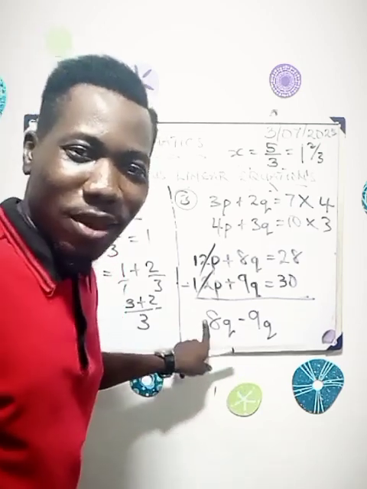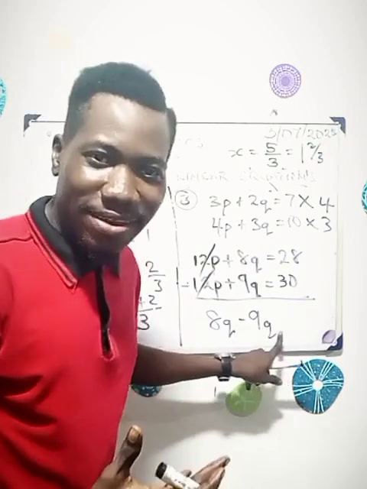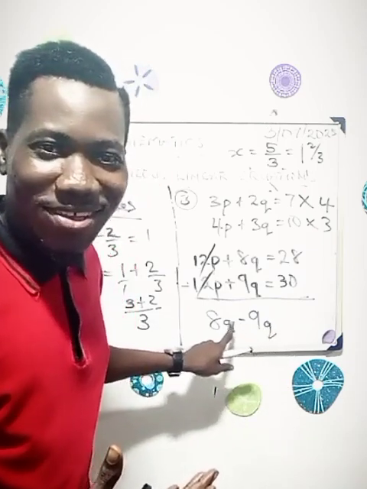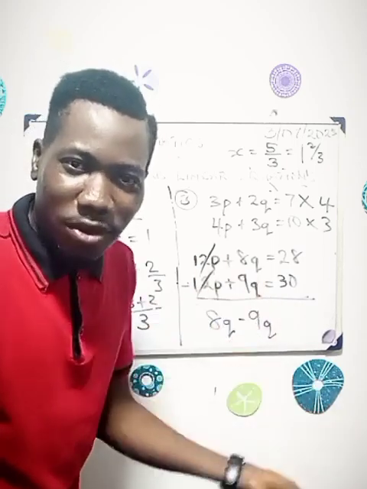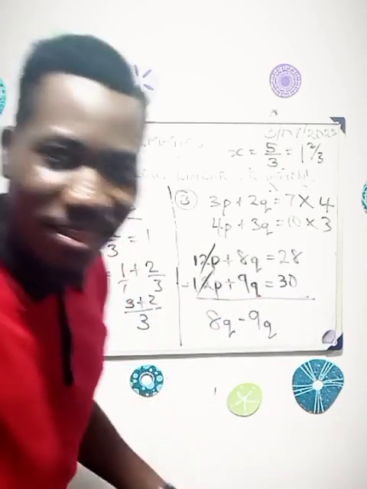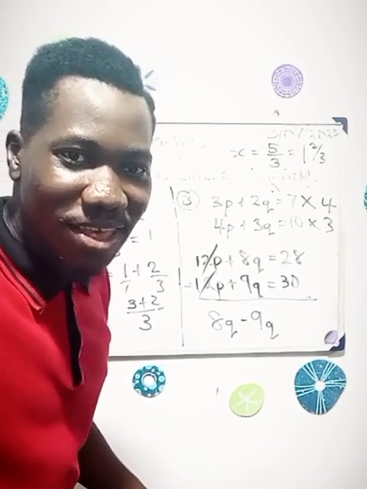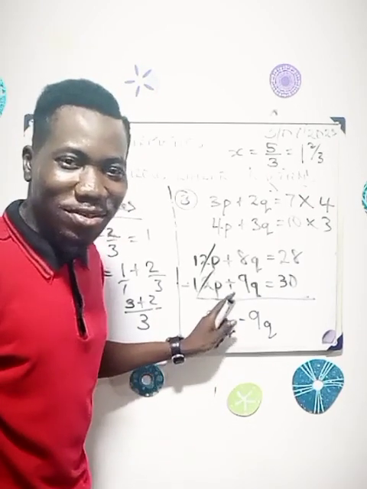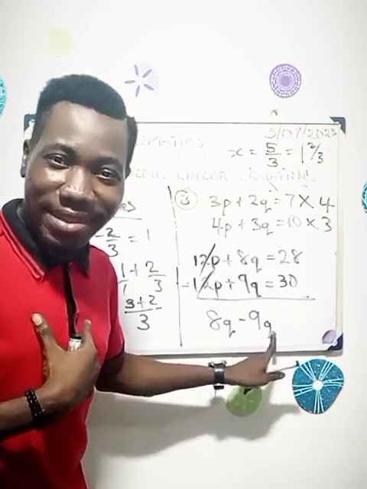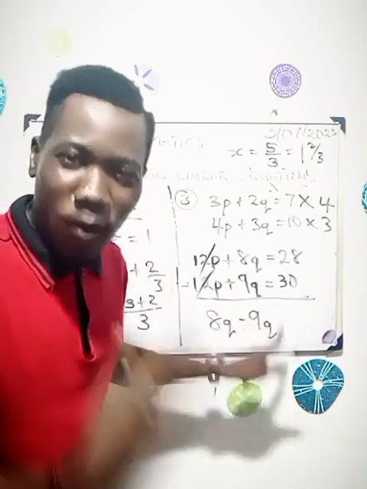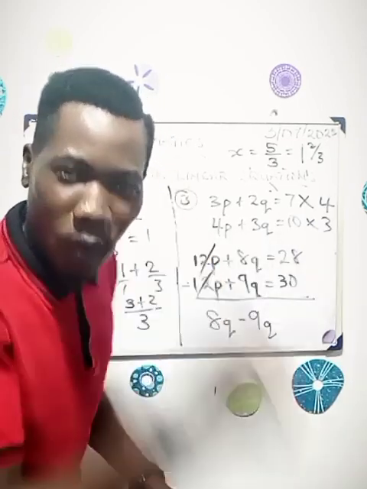If you're having plus, like I am having 8, and I am owing 9, I have 8 and I'm owing 9. Of course, I have to pay what I owe. So from the 8 that I have, I give, and I'm still owing 1 more.